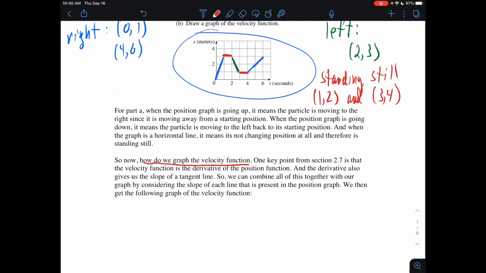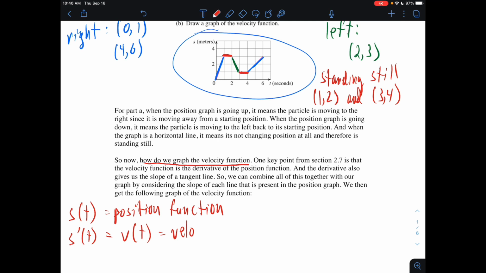So we can even think of this as if s of t, which is what we have here, is the position function, then s prime of t, the derivative of that, gives us the velocity function, which we indicate as v of t. So that's one thing that we had in section 2.7.